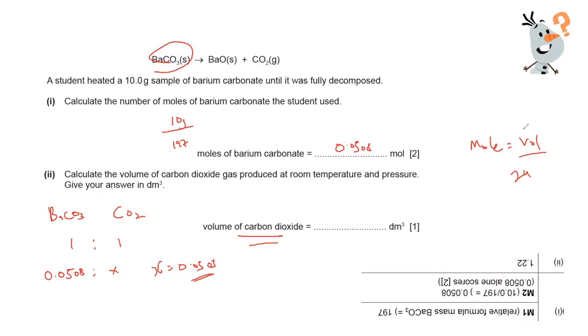And now you have the moles, the formula which relates the volume of a gas with moles. Moles equal volume of the gas divided by 24. So moles are 0.0508, the volume of the gas is unknown, divided by 24. This 24 is divided, on the other side it is multiplied. So 24 multiplied by 0.0508 will be 1.219, which is 1.22. So that is how we got the volume for this carbon dioxide.